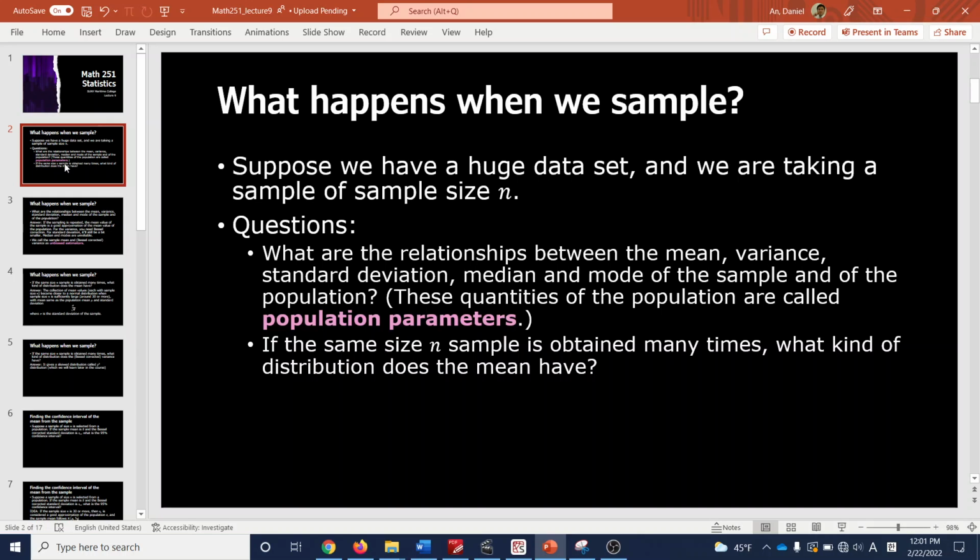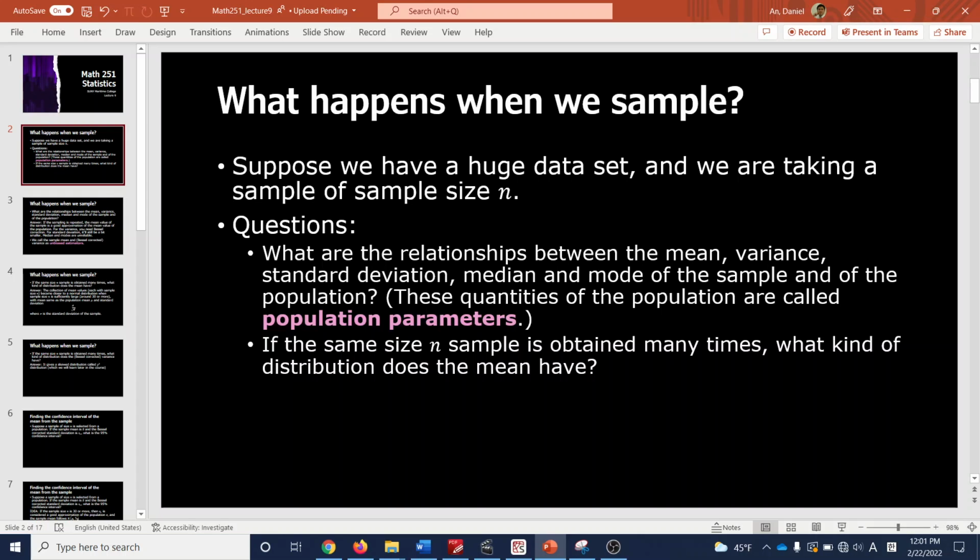You can ask that question, right? That's the first thing. And these quantities of the population are called population parameters. These are our core concern. These are the items of concern when you think about the population. You want to know the population parameters.